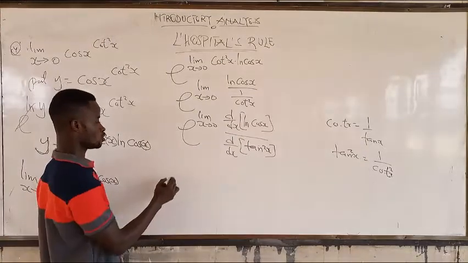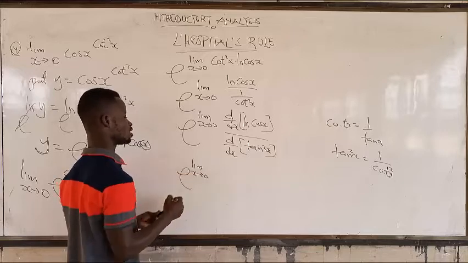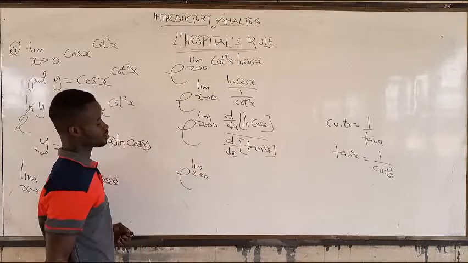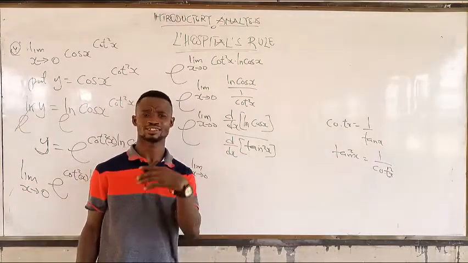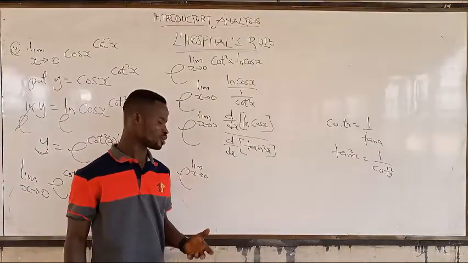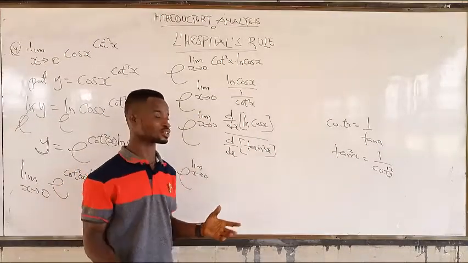Beautiful. So e raised to the power of the limit. Please, repeating this may be boring, but you can't get rid of it. When you refuse to bring it, you have to change the original question.